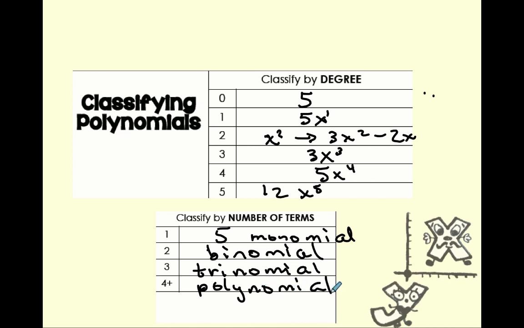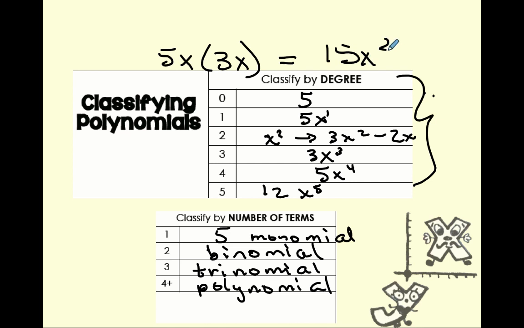One more thing to add: when we talk about classifying polynomials, we have to make sure that they're in standard form. If you have something like 5x times 3x, that is not considered degree 1, because if you simplify it, it would give you 15x squared.